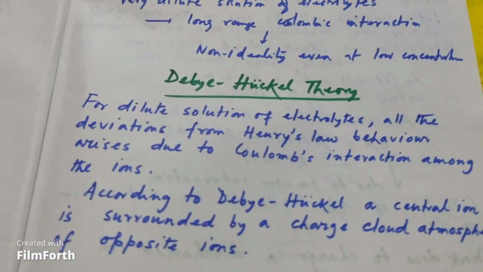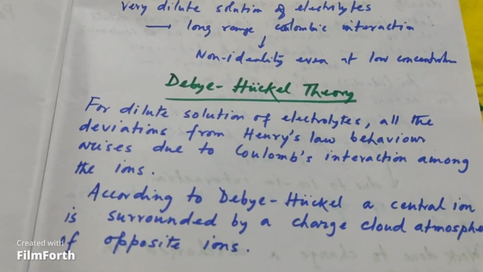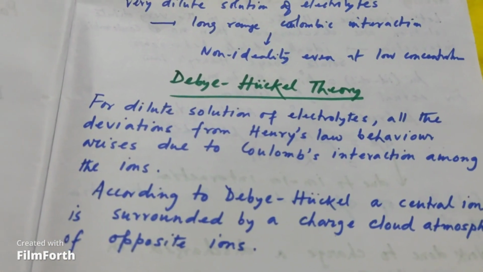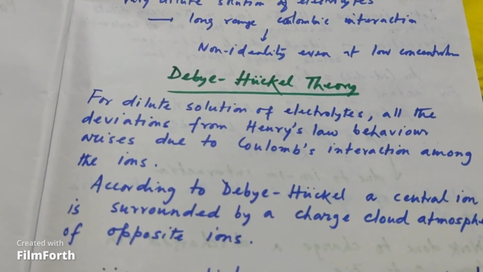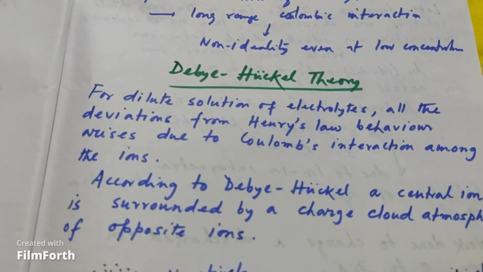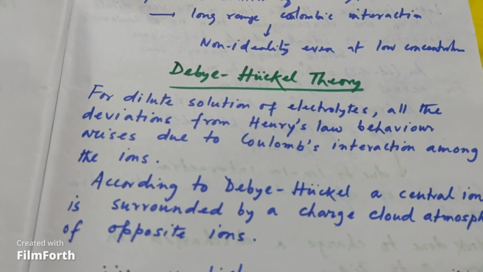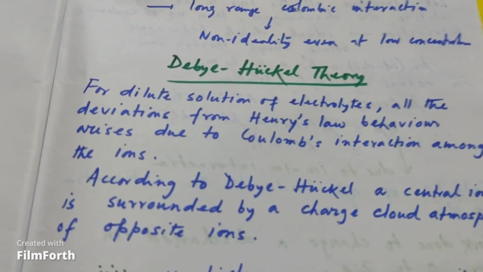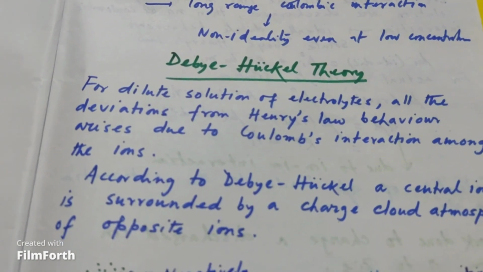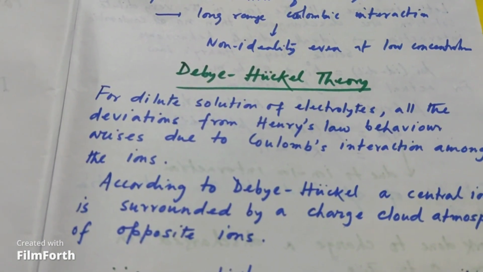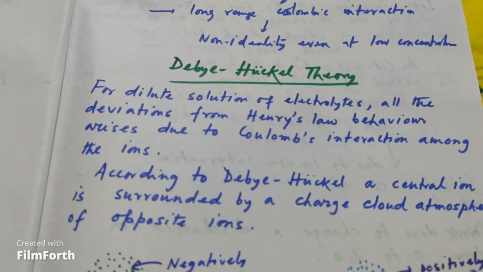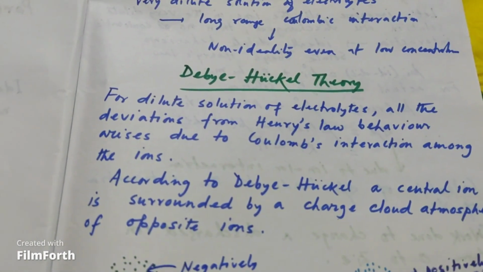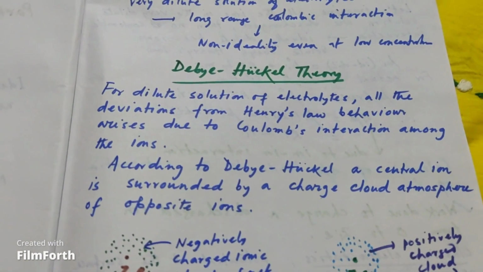Now Debye and Huckel proposed a theory for calculating the deviation from ideality, that means the activity coefficient. For dilute solutions of electrolytes, they assumed that all the deviation from Henry's law behavior arises due to Coulomb's interaction among the ions.